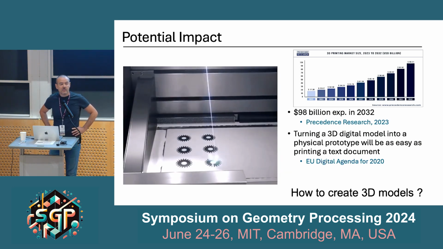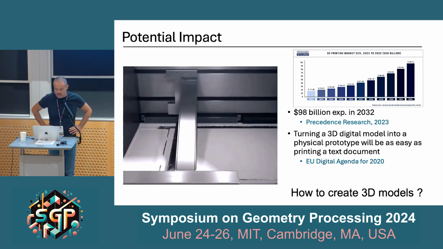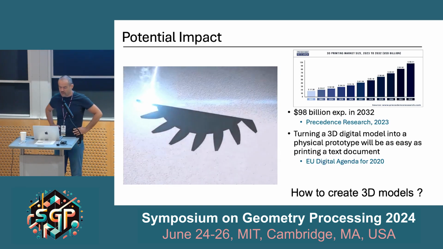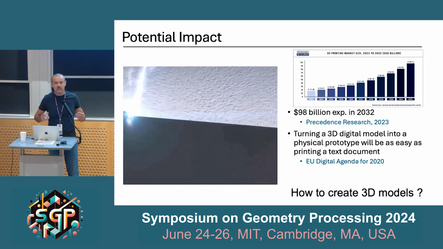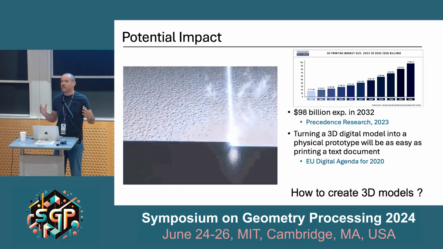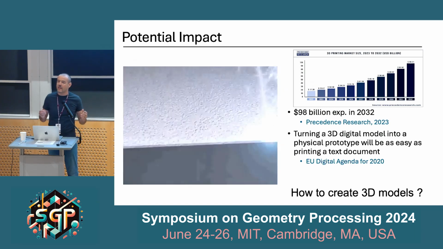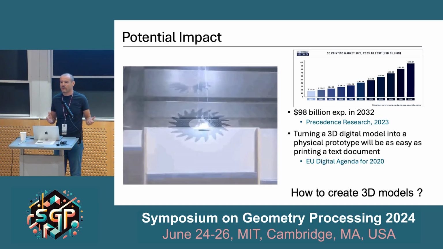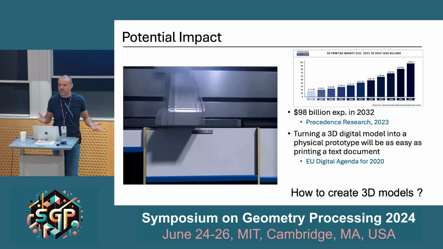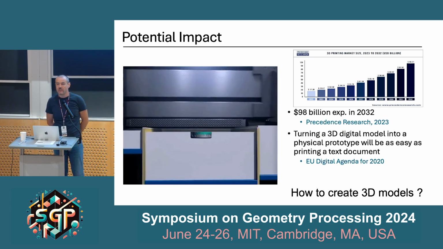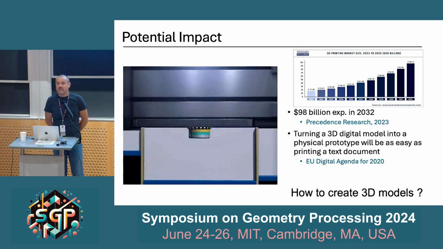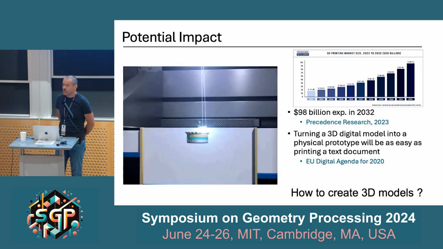For these reasons, the European Union has set an objective for 2020: let's make printing a 3D object as easy as it was before to print a 2D document on a standard printer. I may say that we have quite reached that objective.